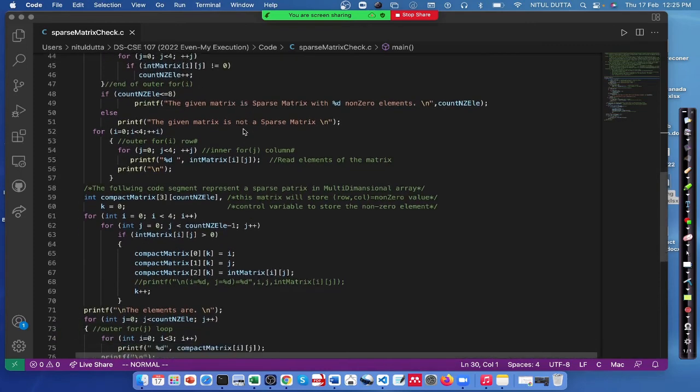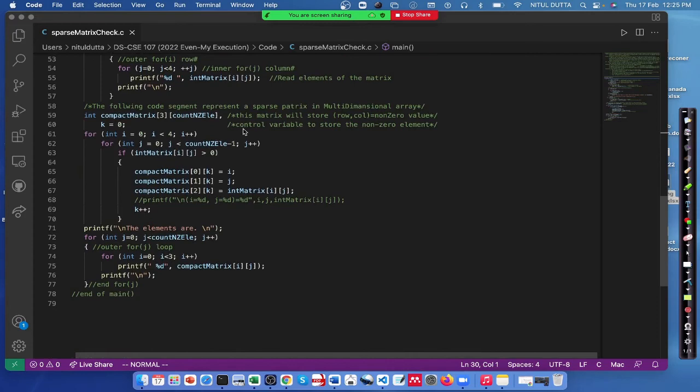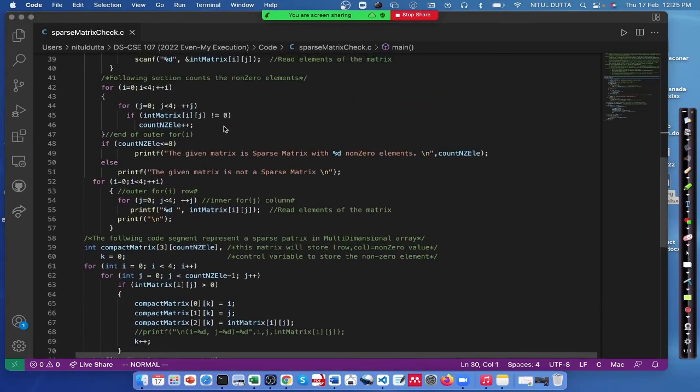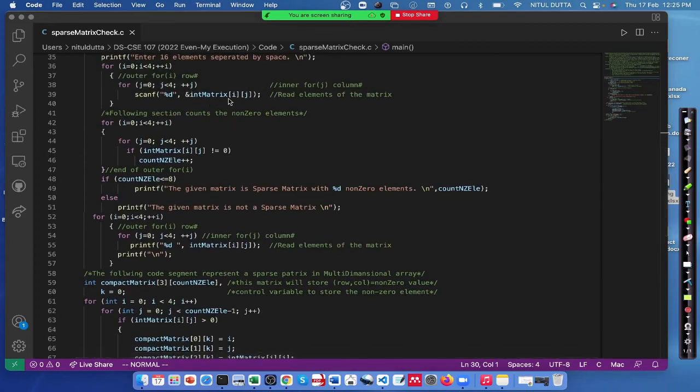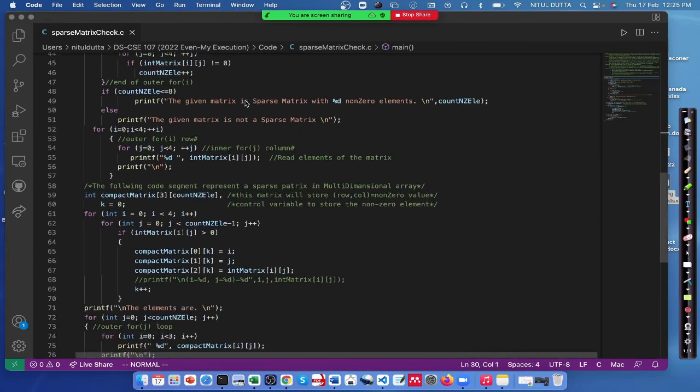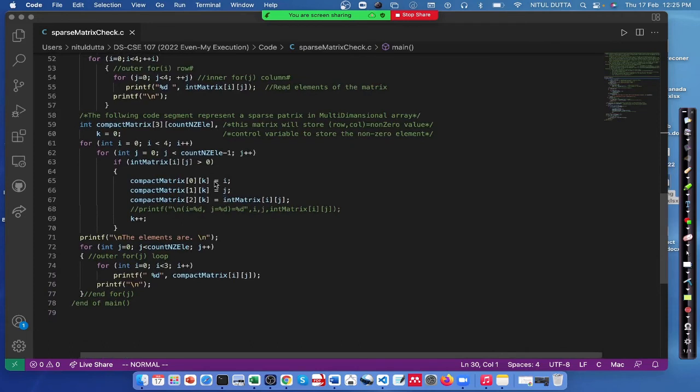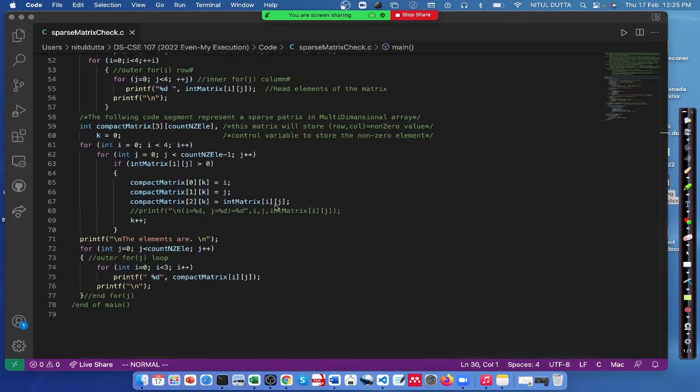Then I am scanning the matrix given by the user that was stored in the integer matrix. I am putting only the elements which are non-zero. If it is non-zero, then I am putting it here: the location i of the original matrix, j of the original matrix, then the value entered by the user in that matrix. So this is the program.